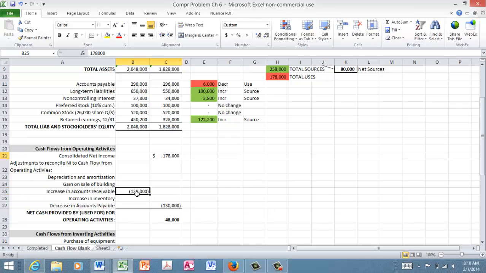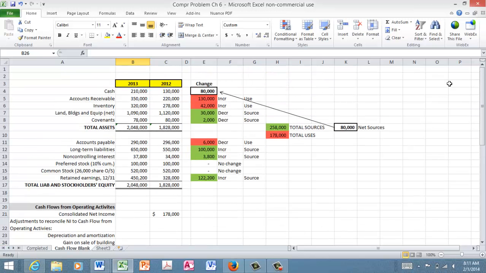But when I'm booking that, and if over the period my receivables went up, that means that what happened to cash? Well, if what's in this number here is an accrued number, and I'm trying to reconcile that to the true cash number, I have to back that out because it did not provide cash. It helped this number get bigger, but it didn't provide cash.